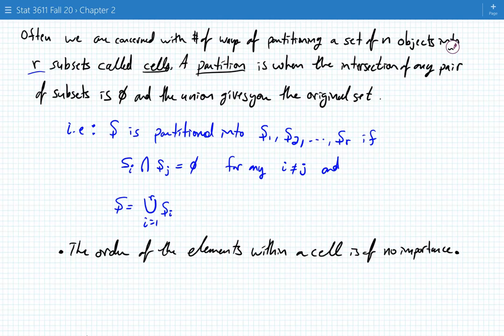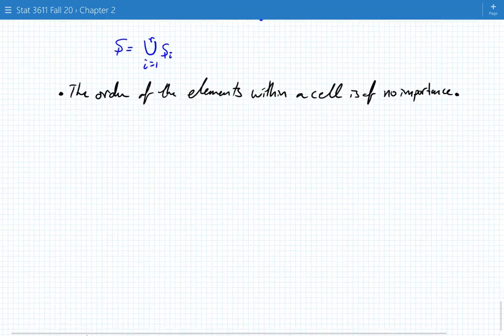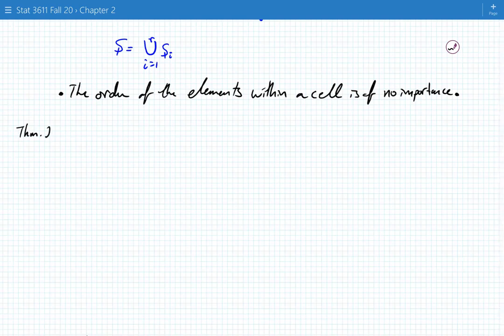This leads to a theorem that's going to look almost identical to the previous theorem, but is slightly more generic. Theorem 2.5 in our e-text.